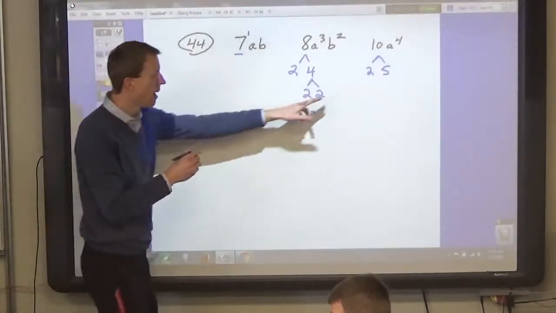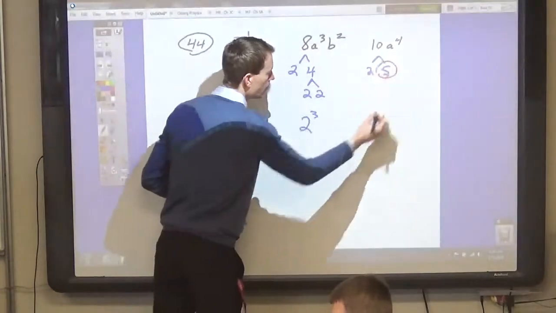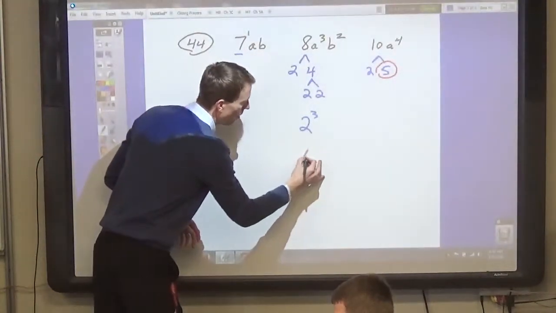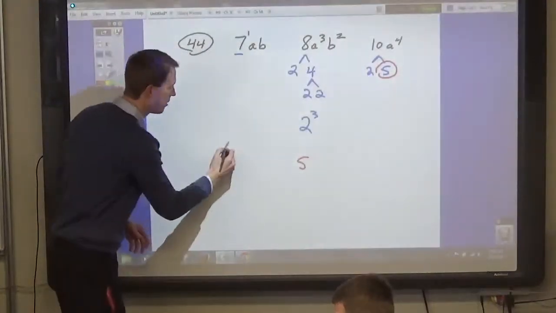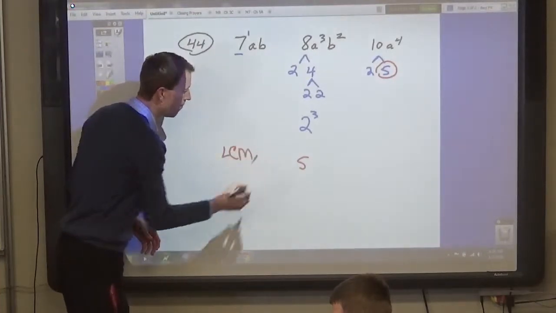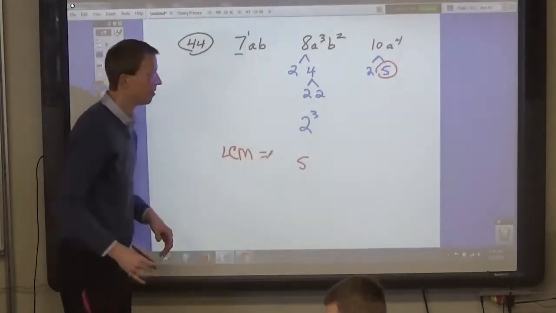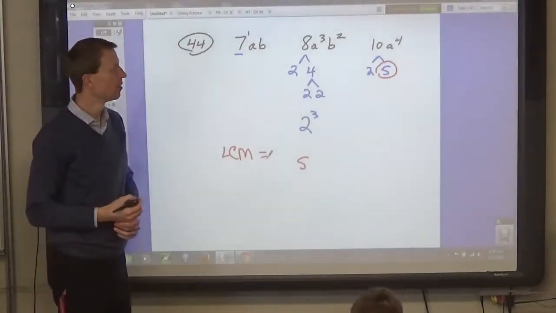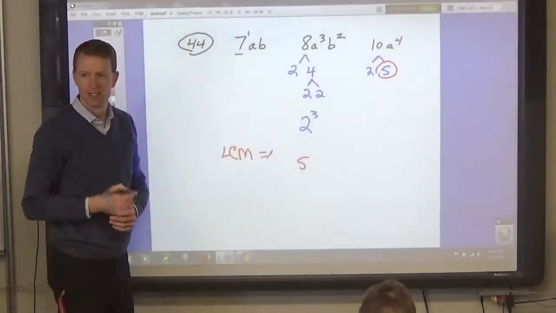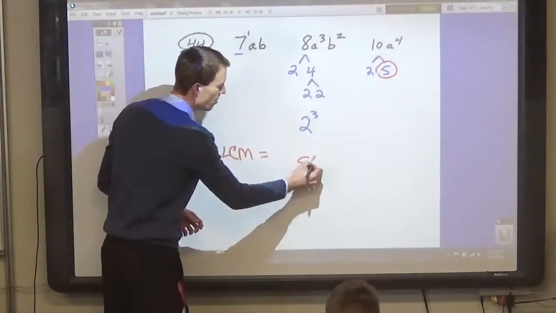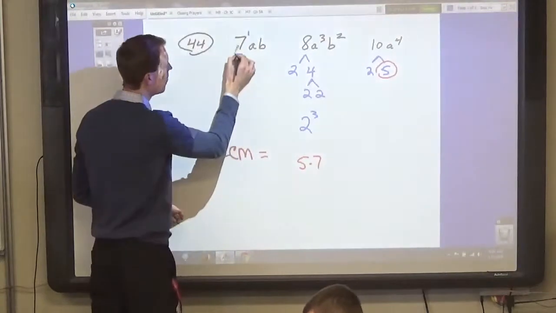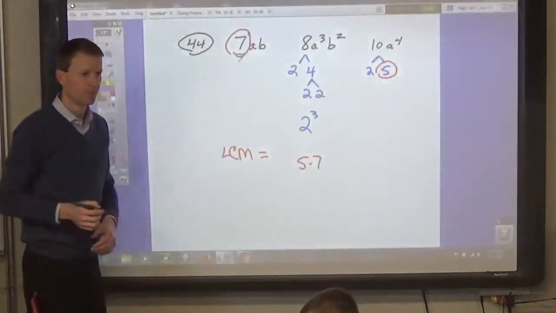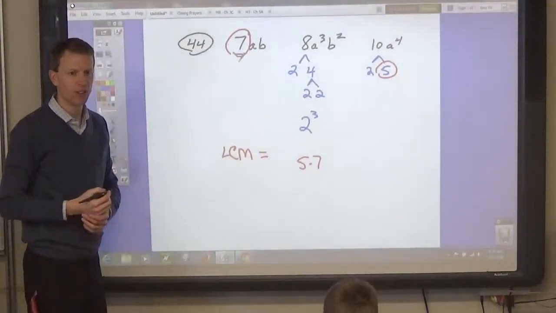We have to use a 5. Yep. So 5 is in our formula, the LCM. What else do we have to use? That is 7. We have to use the 7. So 5 times 7.